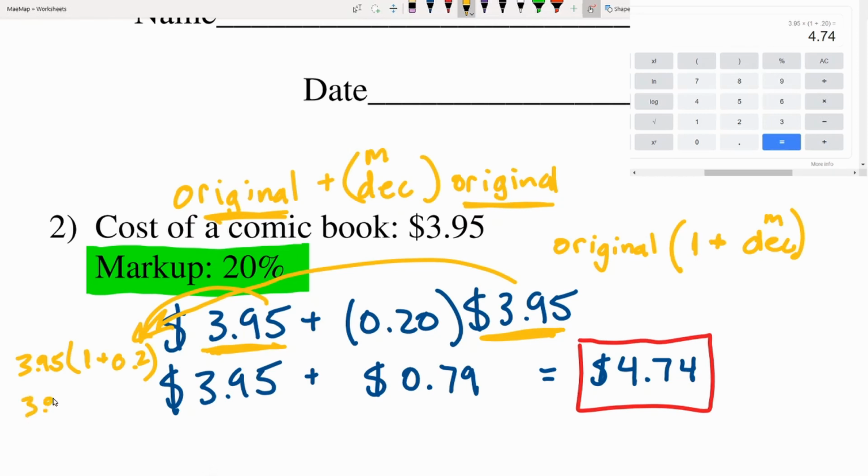So this is just $3.95 times 1.2. All we need to do is add 1 to our decimal markup and then multiply. But feel free to continue to check by writing everything out.